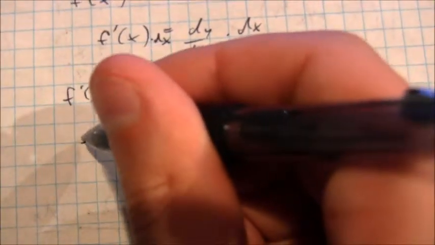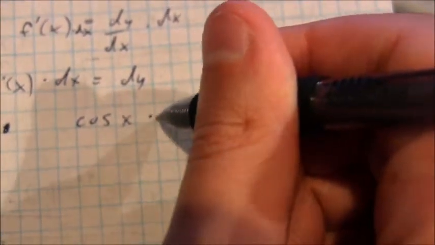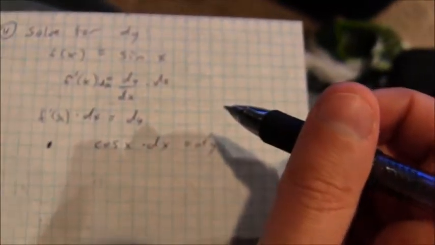So I can literally just take the derivative of sine of x, which is cosine of x, multiply that by dx, and that is my value of dy.